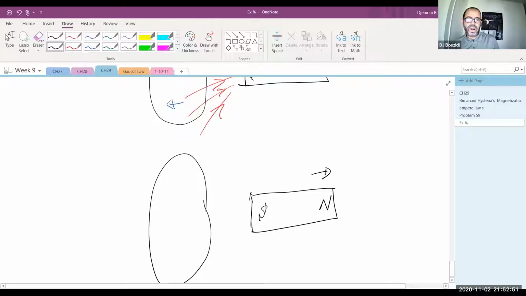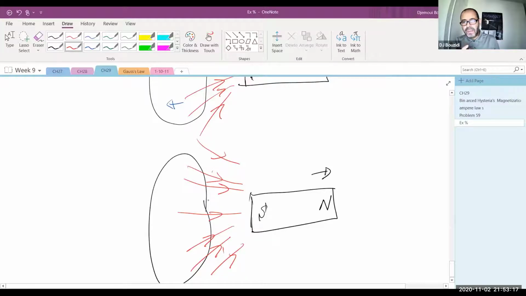As the wire is moving in this direction, fewer and fewer field lines will move in this direction. So the next time the magnet moves further, I'm going to lose probably this one, and this one, and the next one is going to move too, and so on.